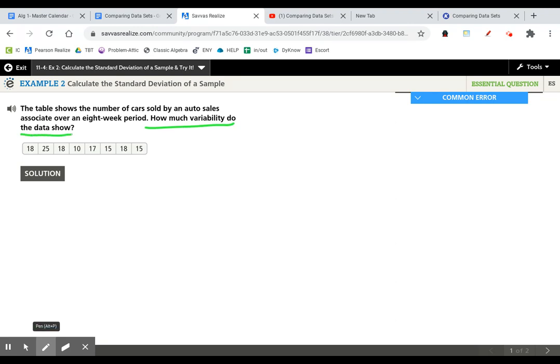So variability: the more variability you have, the less predictability you have, right? It's saying if this data is really spread out, we don't know. This is his last 8 weeks of selling cars. If we determine that data is really spread out, for his 9th week we might say it's not very predictable.